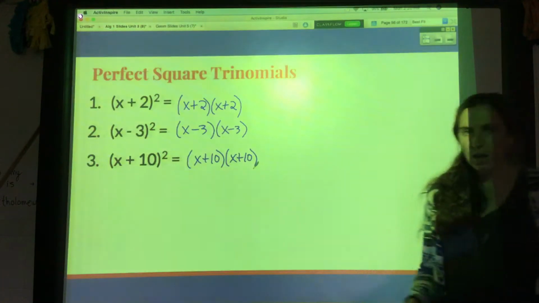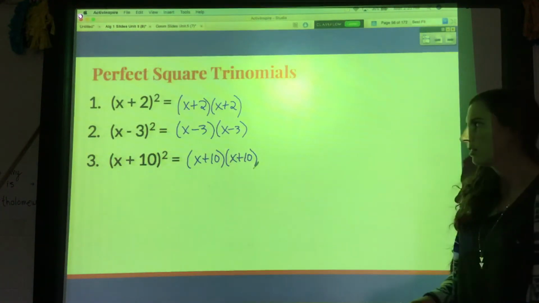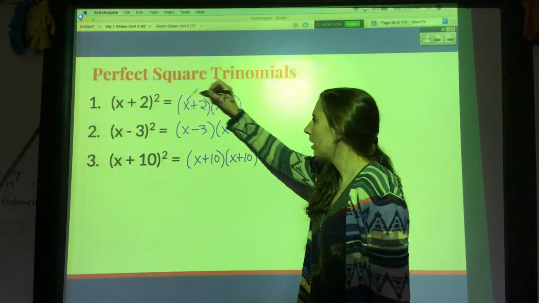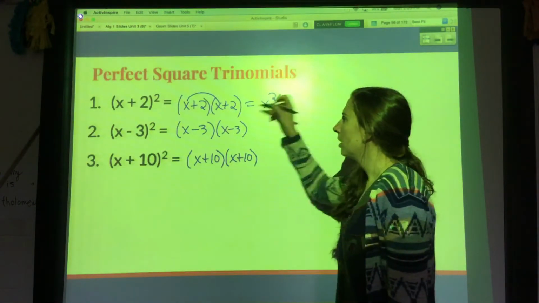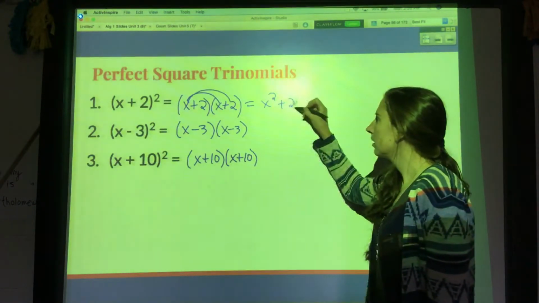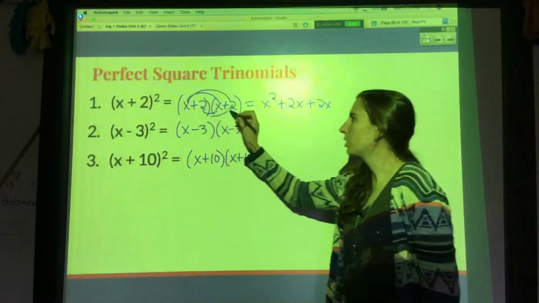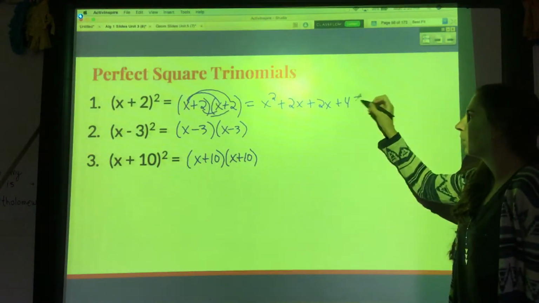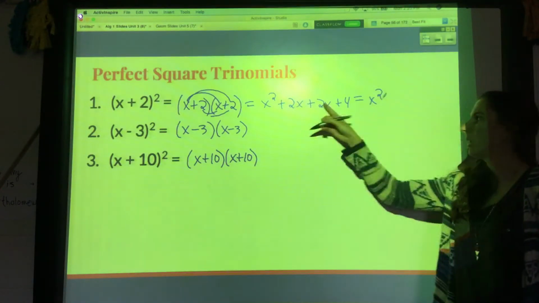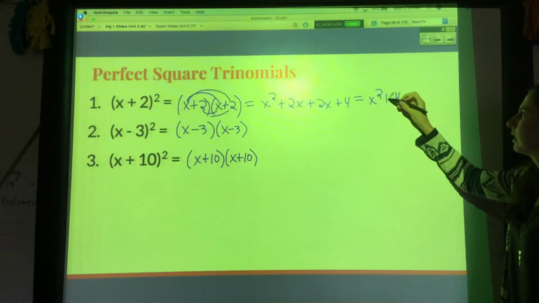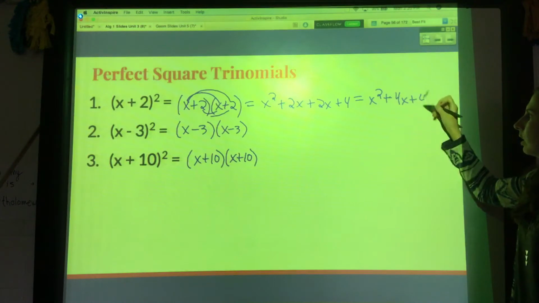So hopefully you've paused the video and you've tried these. Notice this one becomes x squared plus 2x plus another 2x, and then 2 times 2 is 4. So x squared, 2 plus 2 is 4x plus 4.